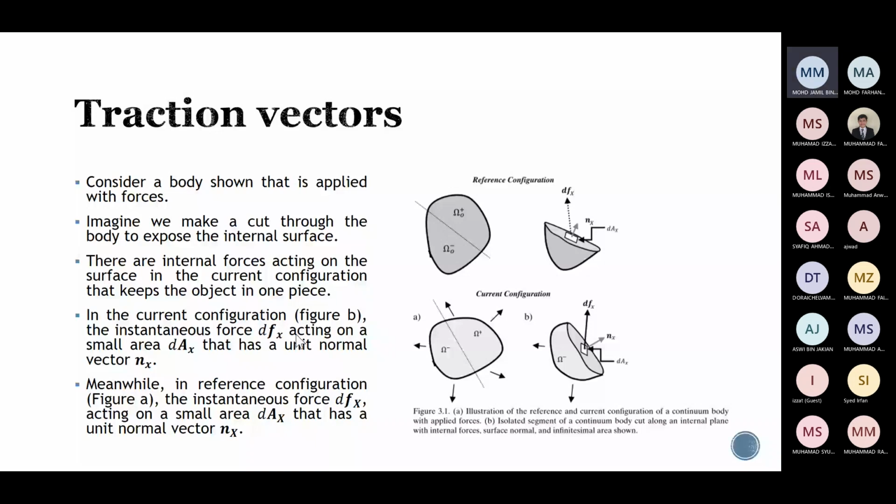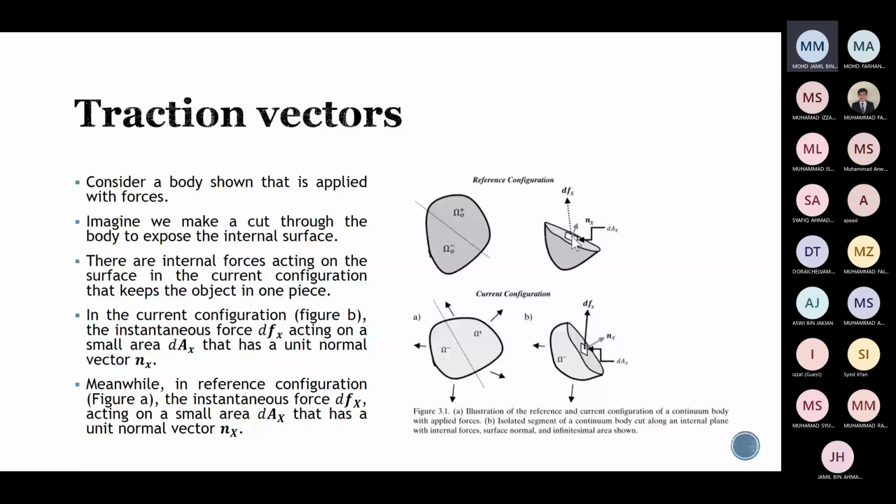So now here we have two different forces and two different surface areas on the same particle. So what this slide is showing is that when the particle changes in position or gets deformed, then the surface area might change and the amount of force on that surface also changes.